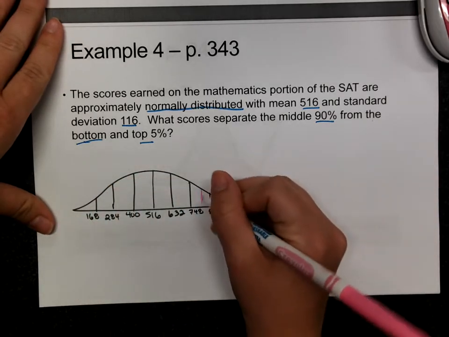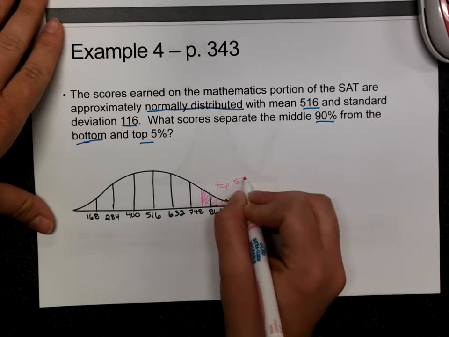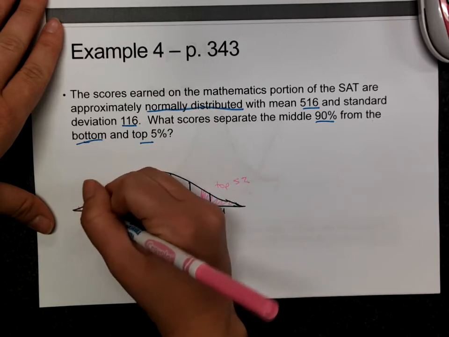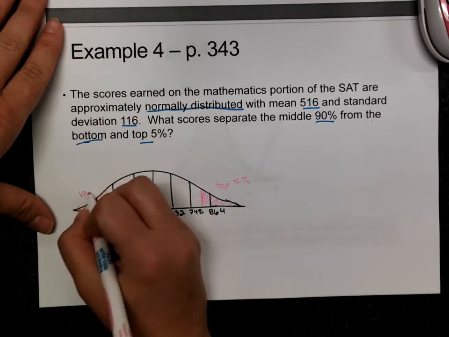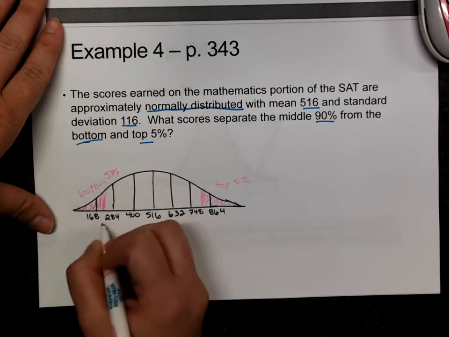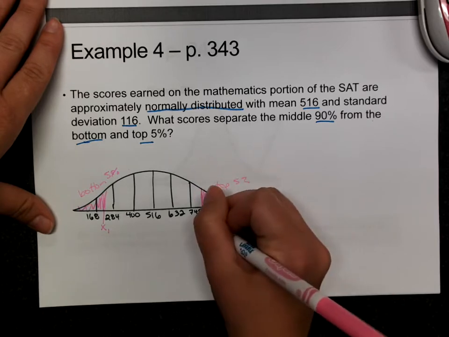So it'll be somewhere in here-ish. That's the top 5%. And somewhere in here-ish will be the bottom 5%. So we don't exactly know where those values hit. We're trying to find a target value. I'm going to call that x1, and we're trying to find this other target value, x2.